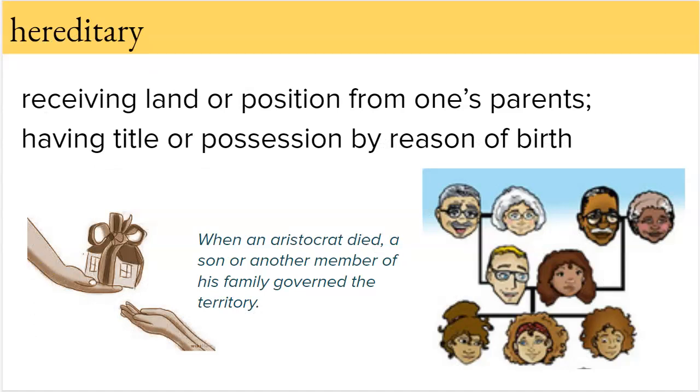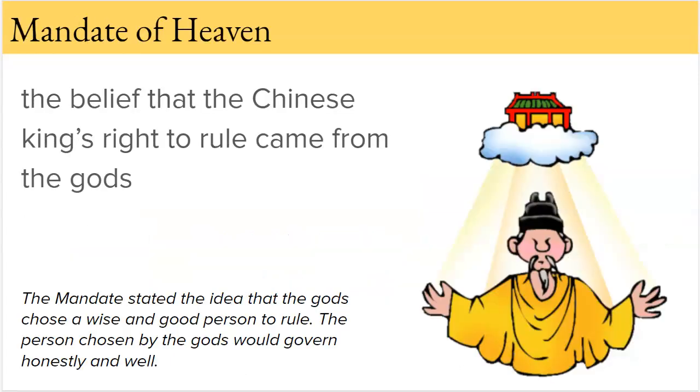Hereditary, receiving land or position from one's parents, having title or possession by reason of birth. We can see this in ancient China. When an aristocrat died, a son or another member of his family governed the territory. Mandate of heaven, the belief that the Chinese king's right to rule came from the gods.